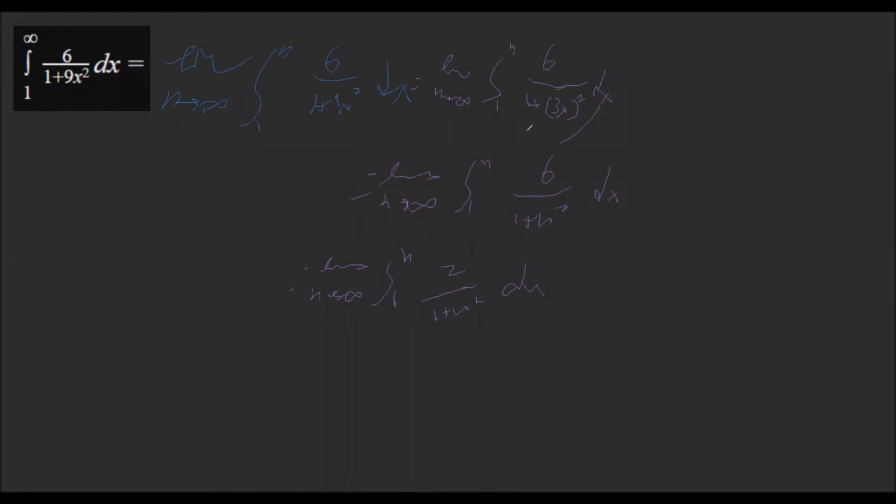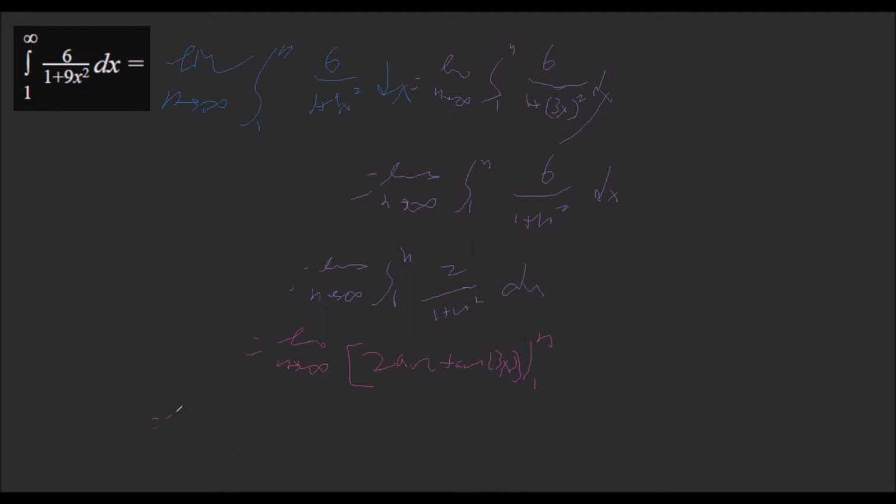It is the limit as n approaches infinity of 2 arctan u from the boundaries 1 to n. However, we have u in our function, 2 arctan u, and if we recall, u is equal to 3x, and so I'm going to erase u and replace it with 3x. And this is essentially our integral. However, we still have yet to solve it.